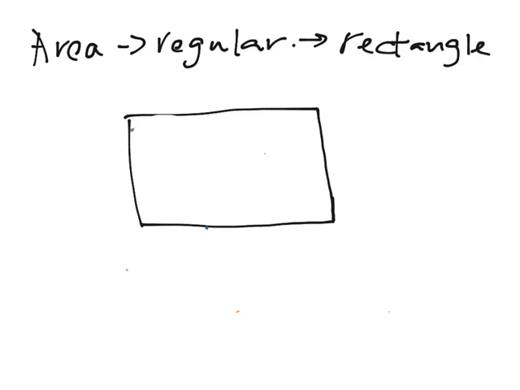It is as good as saying that if I say this is a 1 centimeter square, that means this square has sides of 1 centimeter each. That means how many of these can I put into this rectangle? Basically, that is to find the area of this rectangle.